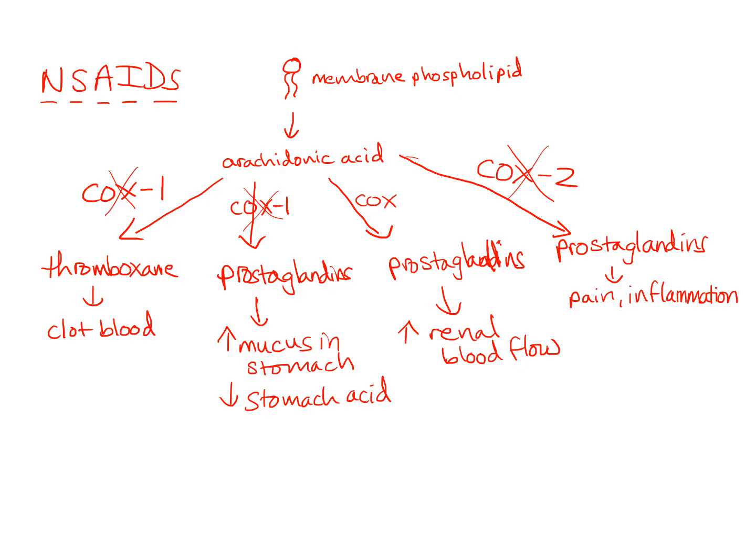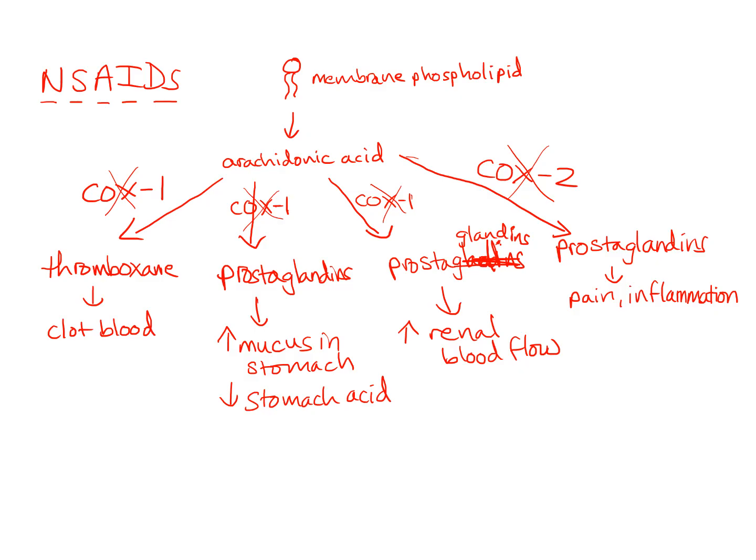So if you're taking NSAIDs and you block this COX-1 enzyme and you decrease the production of these prostaglandins that are increasing the blood flow to the kidneys, that'll decrease the blood flow to the kidneys.